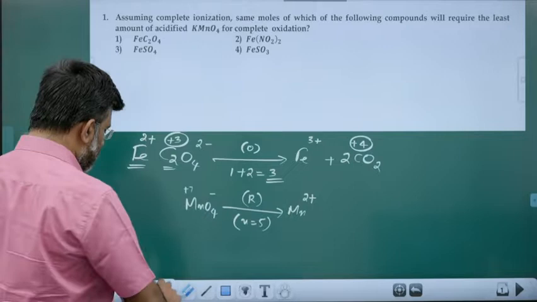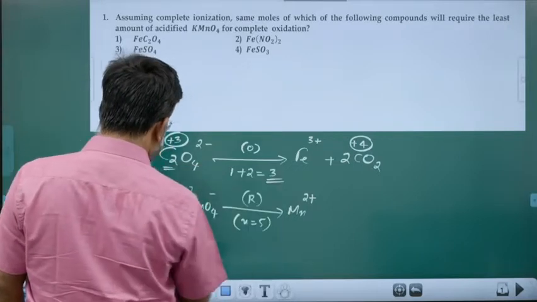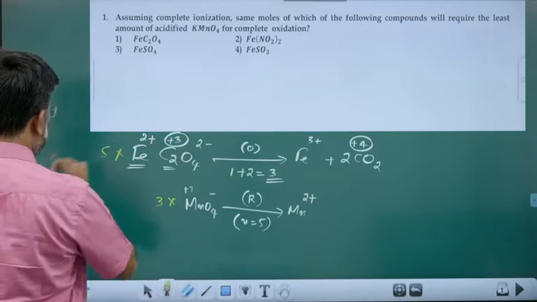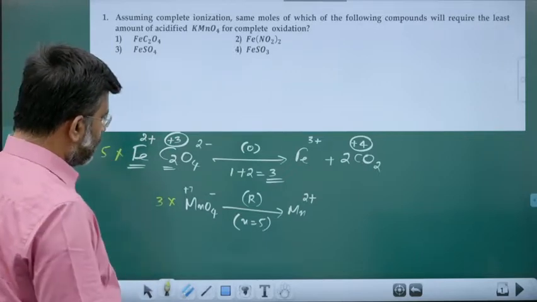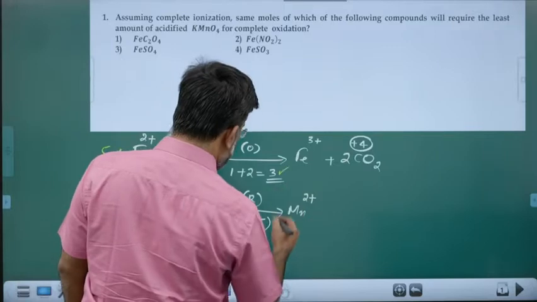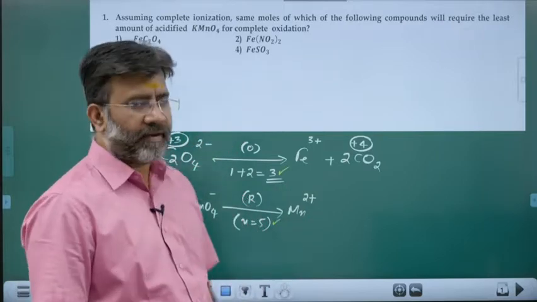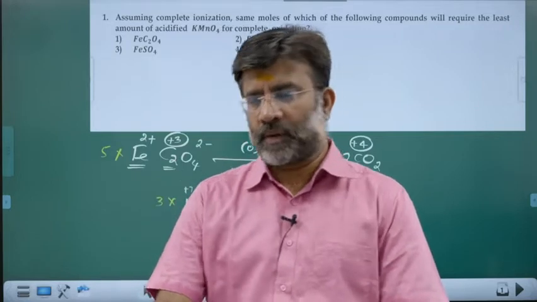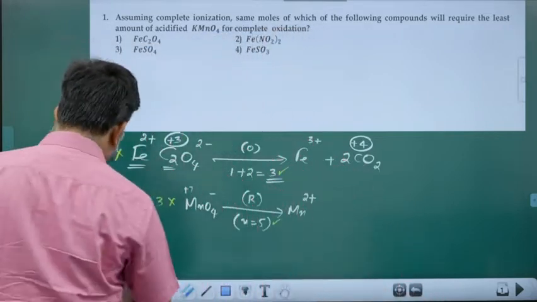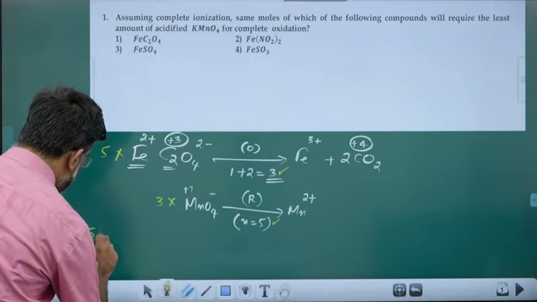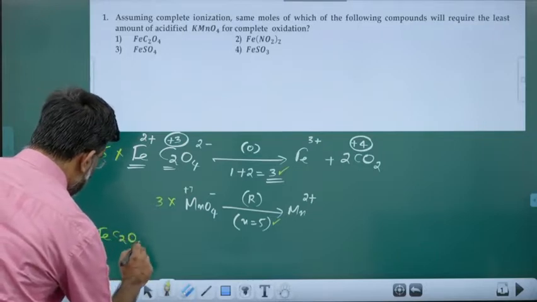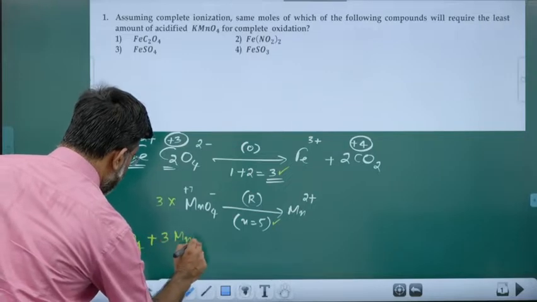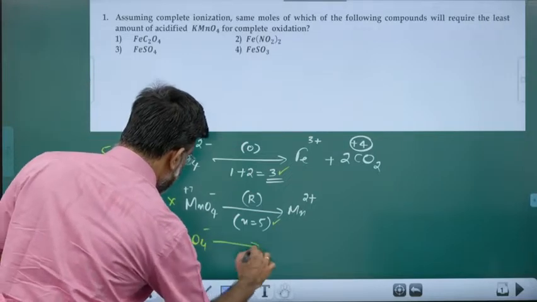So we cross multiply with the N factors, this is multiplied with 3 and this with 5. Upon balancing, you are getting 5 FeC2O4 interacting with 3 MnO4-, giving products.